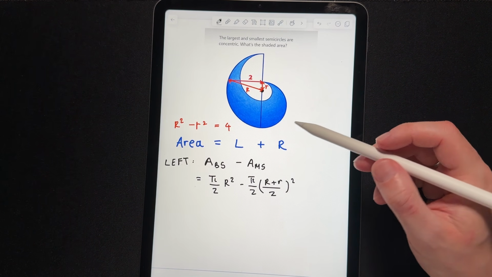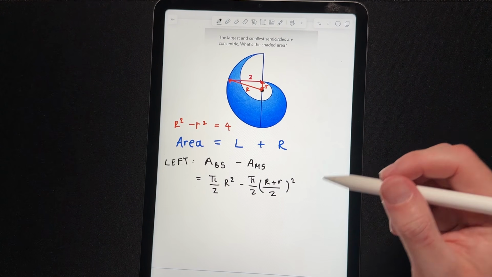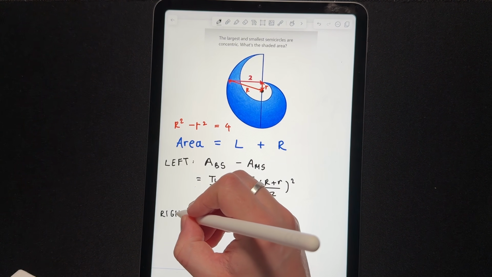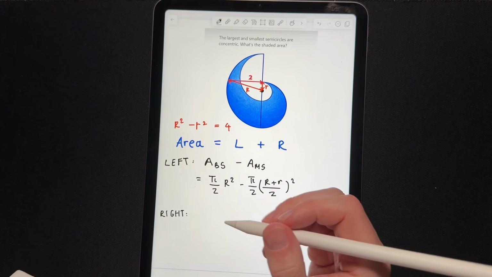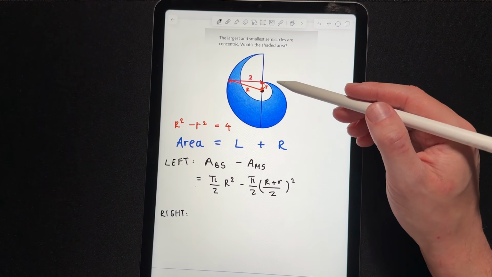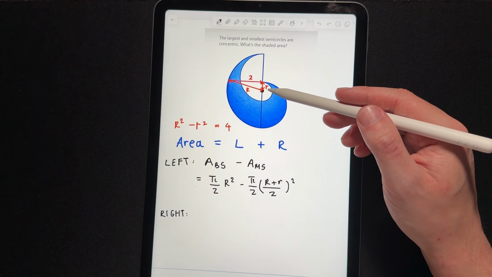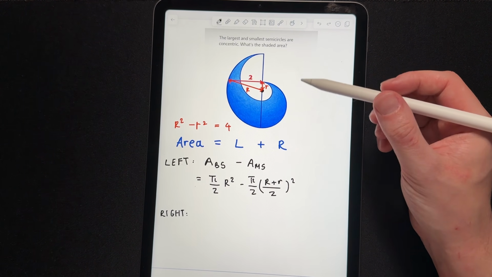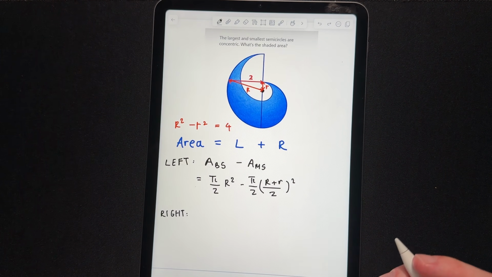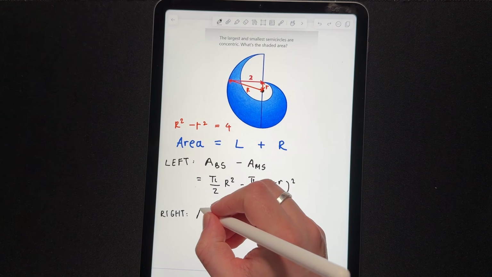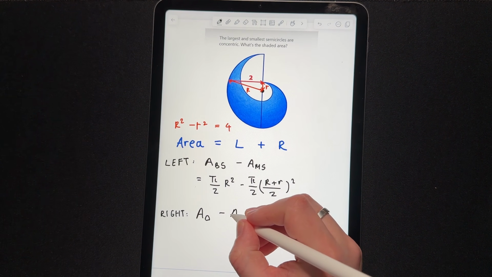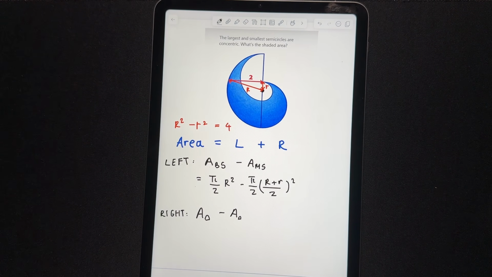So now it's time to do the same, but for the area on the right side. So let's do right. And similarly, we need the area of the bigger semicircle, subtract the area of the smallest semicircle. Let's have a little bit of fun and call it area of the bigger semicircle minus the area of the smaller semicircle.